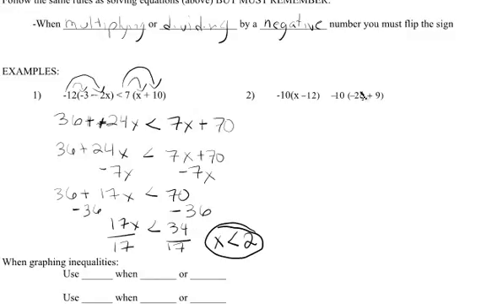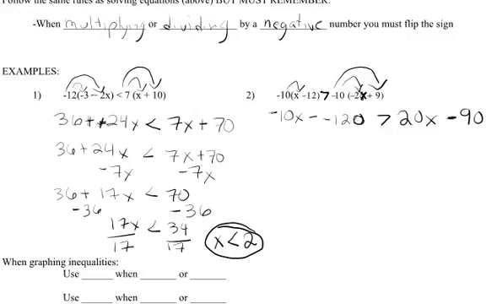Okay, this should be an x. So we've got to distribute. We've got negative 10x, negative 120. Distribute. Okay.